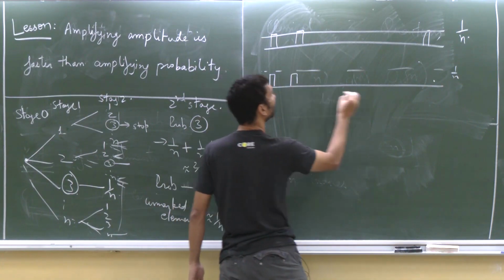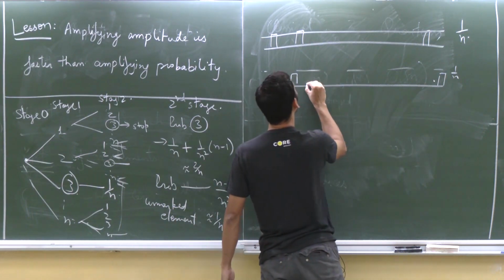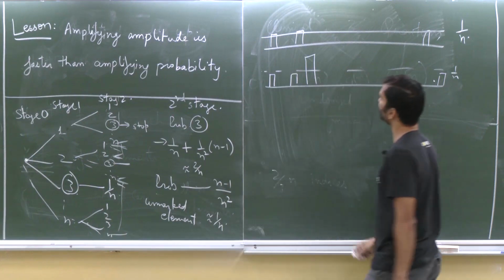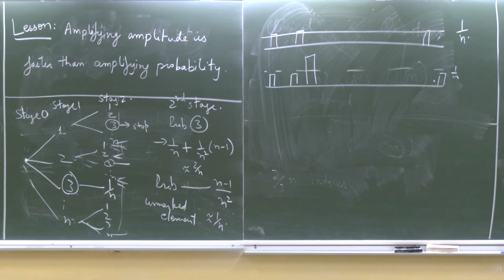Everything is slightly smaller except Suyash's favorite element, which has gone to approximately 2 by n.